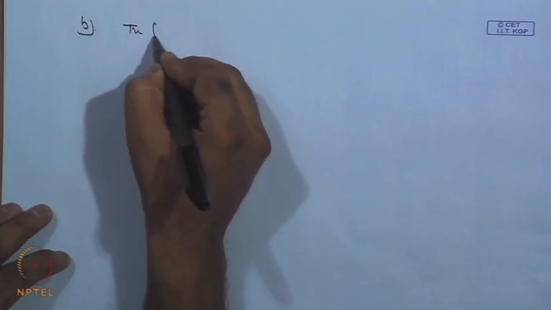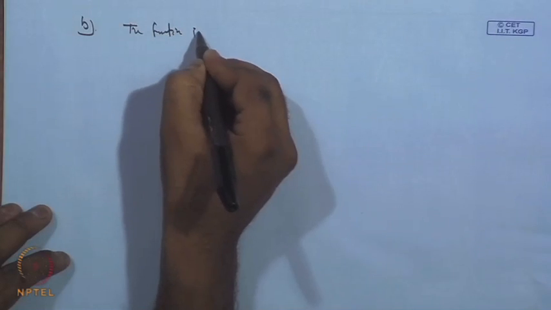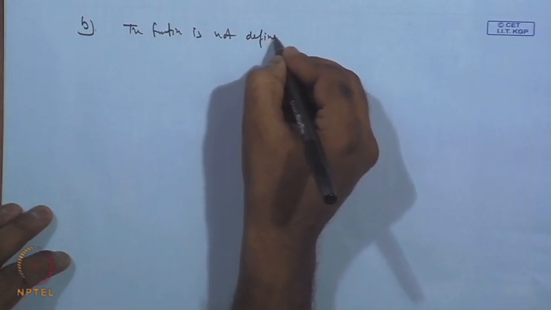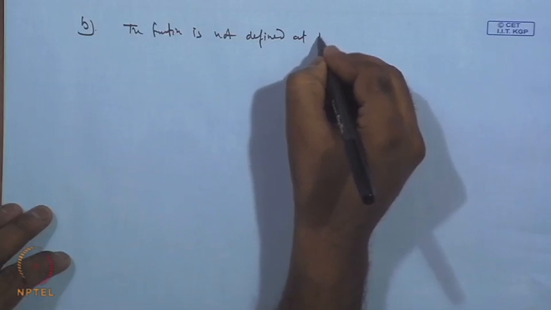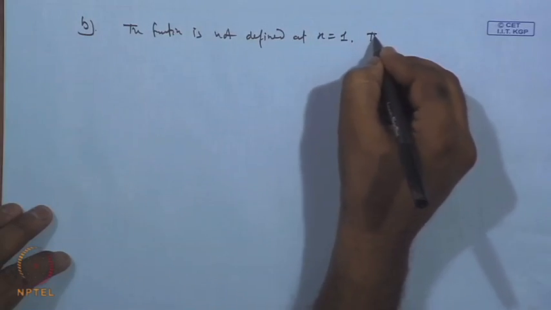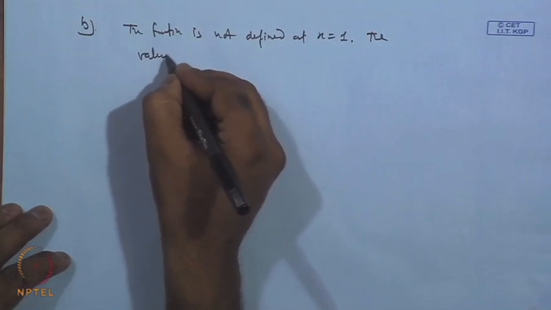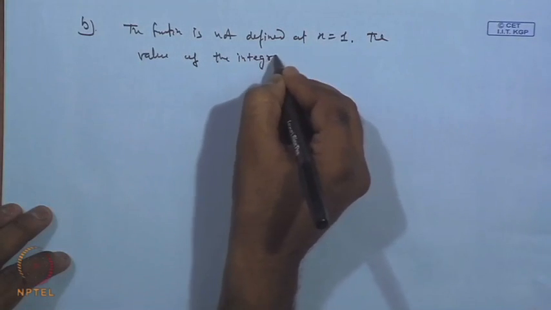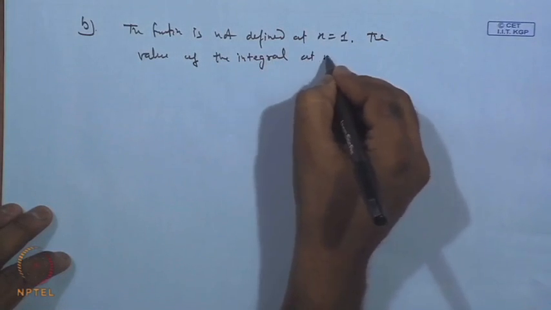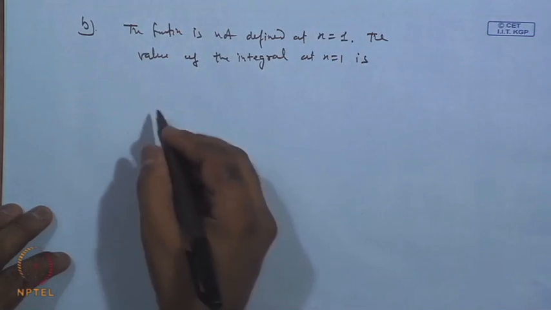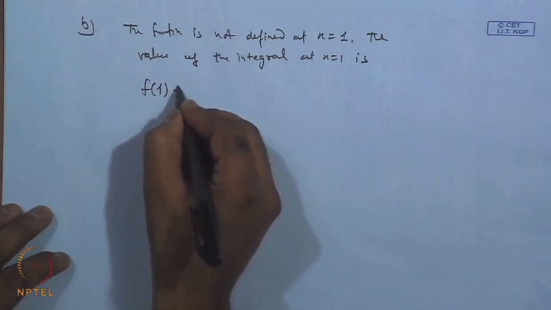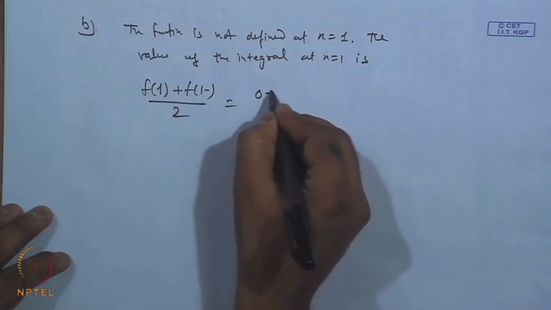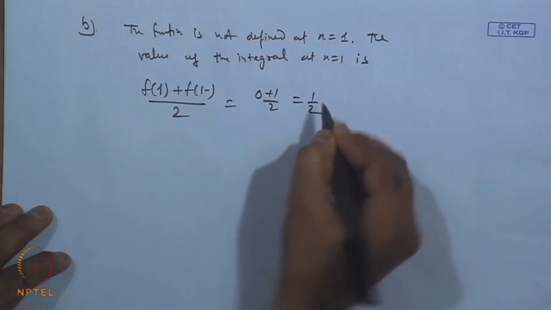So, the function is not defined at x equal to 1. So, the value of the integral at x equal to 1 is f(1+) plus f(1-) divided by 2. So, 0 plus 1 by 2.